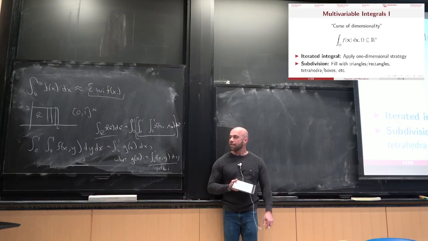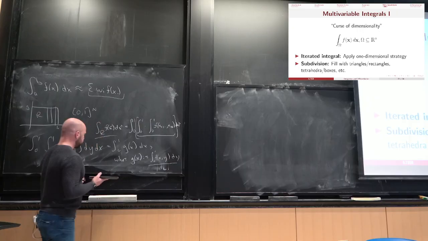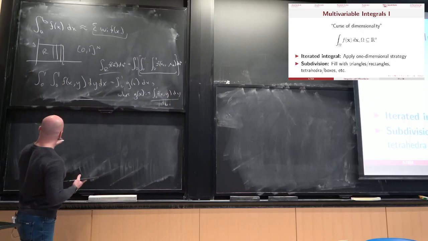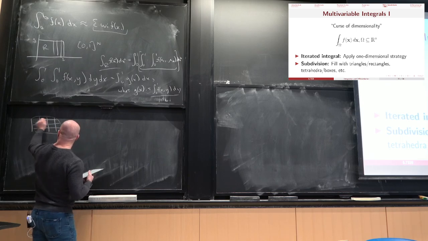Can anybody guess what goes wrong with this in dimension bigger than 2-ish? That's exactly right. If you think about it, what we're doing is taking our domain, in this case just a rectangle, and sticking a giant grid over it, right?